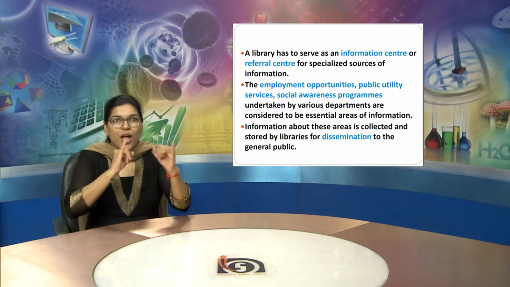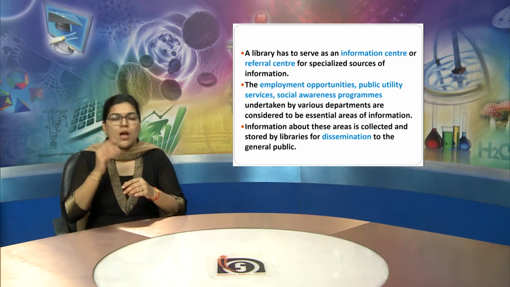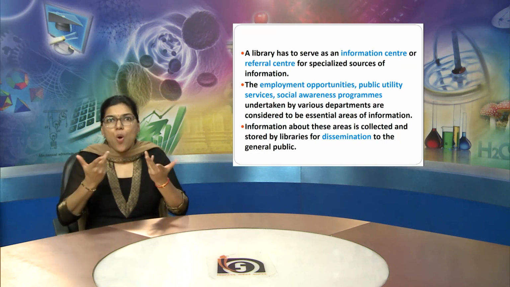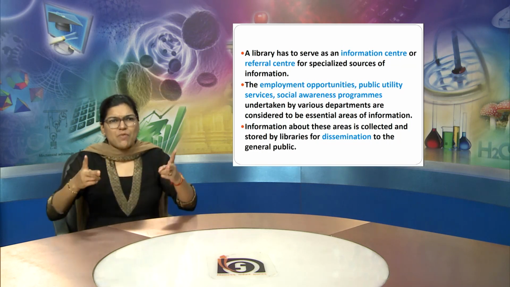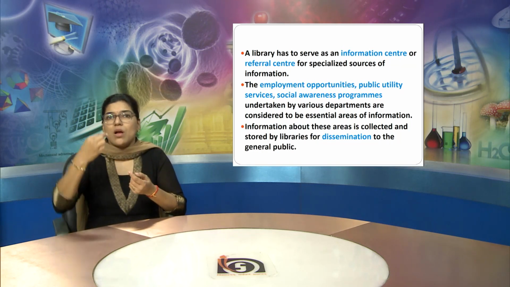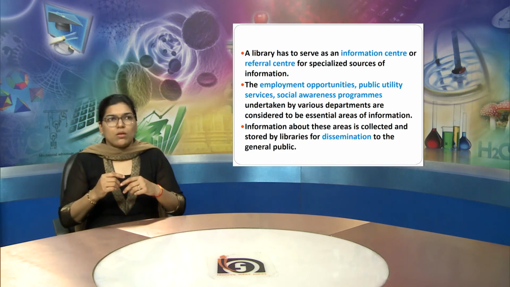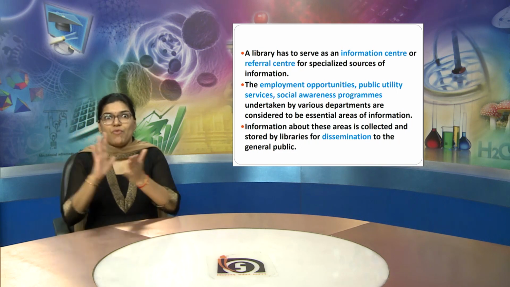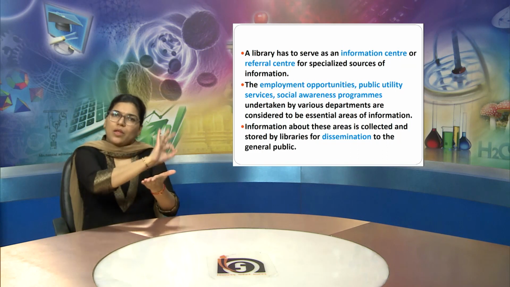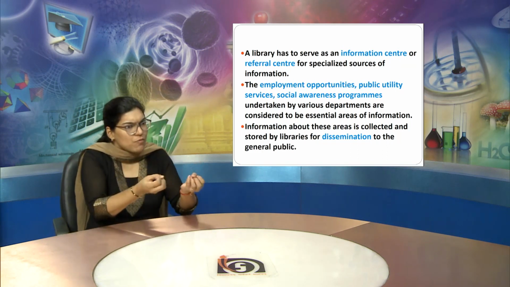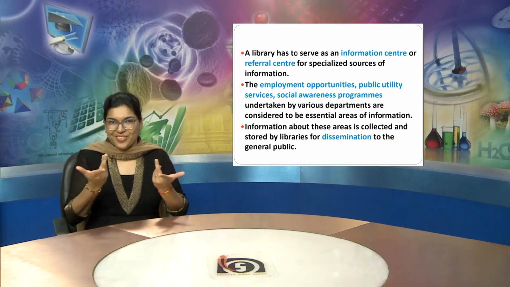The next point explains about the employment opportunities and the public utility services and social awareness programs which are undertaken by various departments and are considered to be essential areas of information. So this is also an important function of library.